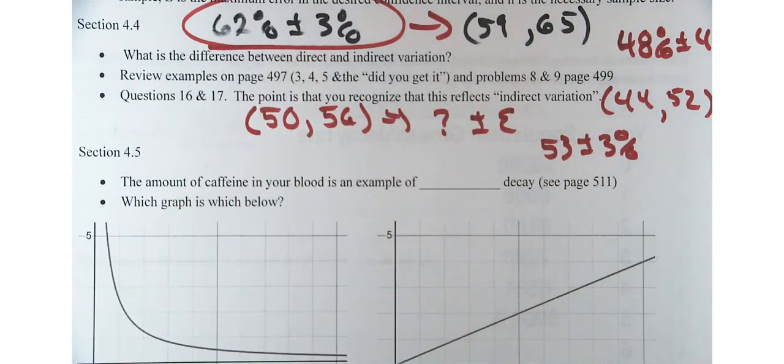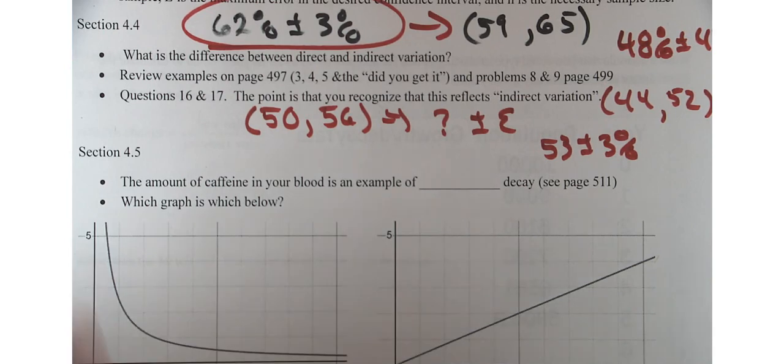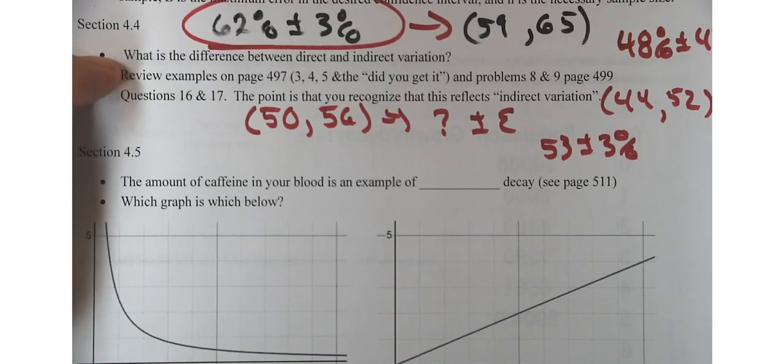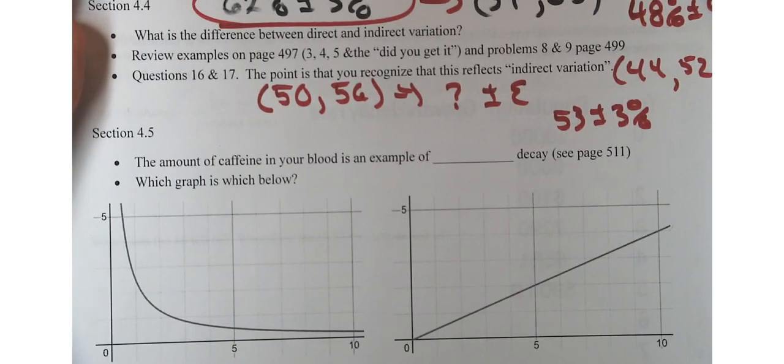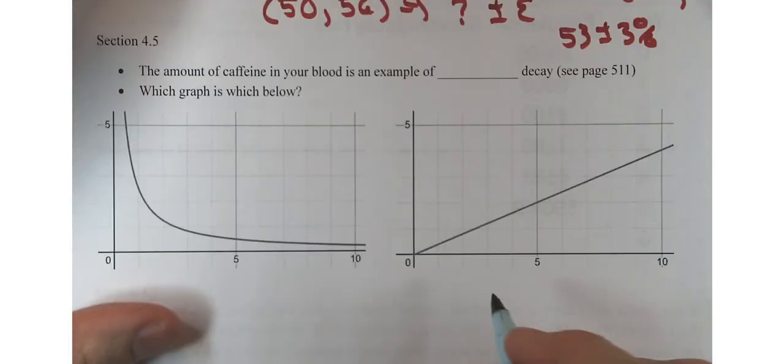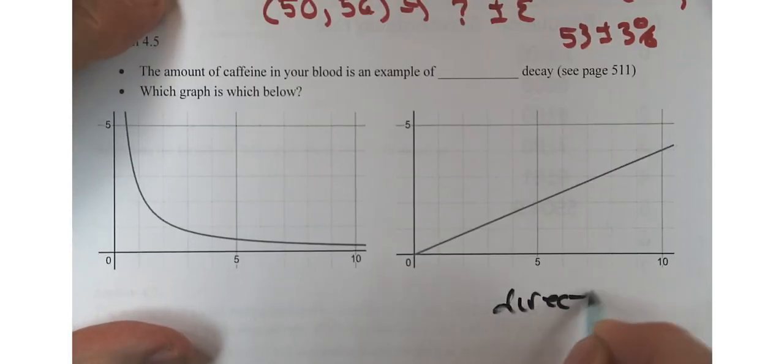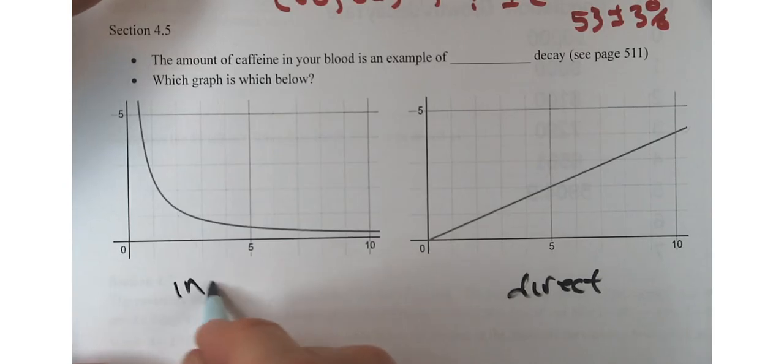Okay. In section 4.4, we dealt with direct and indirect variation. So, direct variation, indirect variation. Which one is which down here? So this one would be direct, and this one would be indirect.